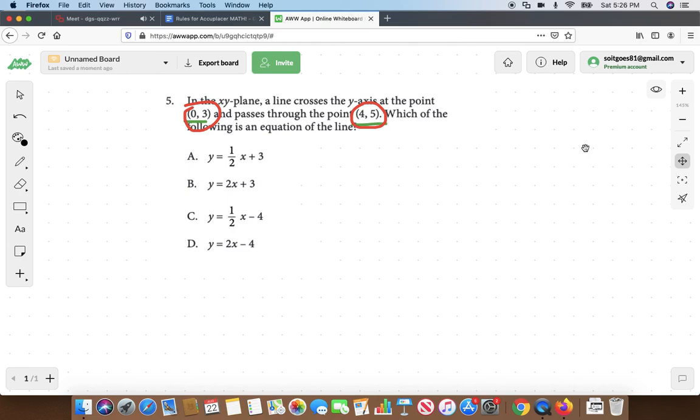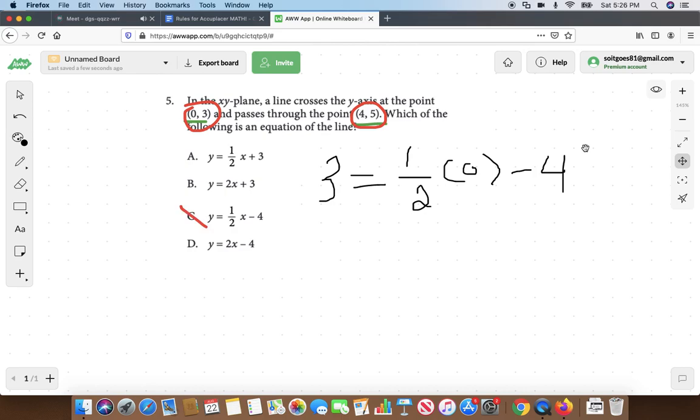Let's plug them into C and D. We'll do 0, 3 again. So y is 3, x is 0. Does that give us a true statement? No, it does not. That's 3 equals -4. No way, Jose.